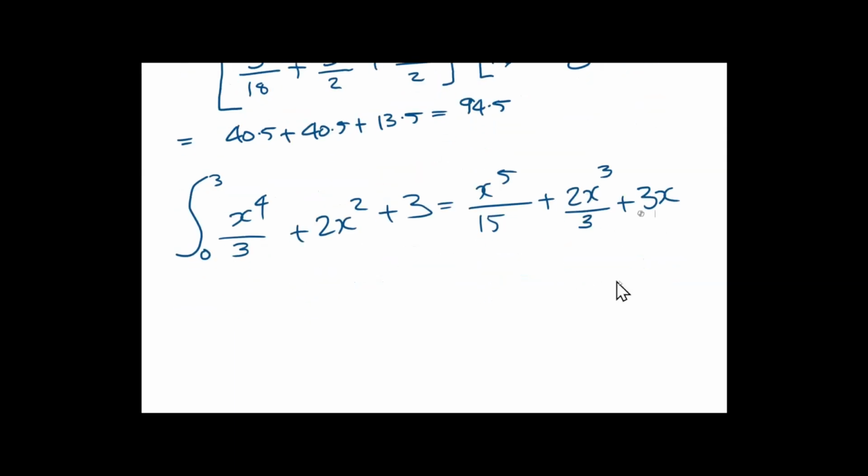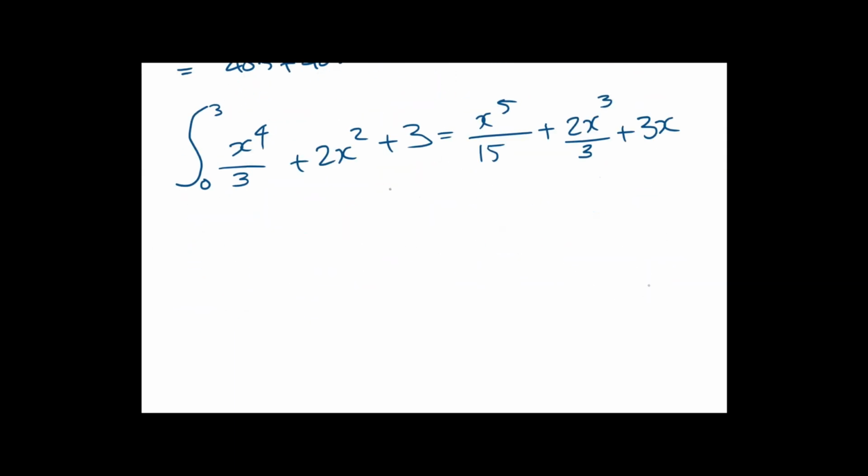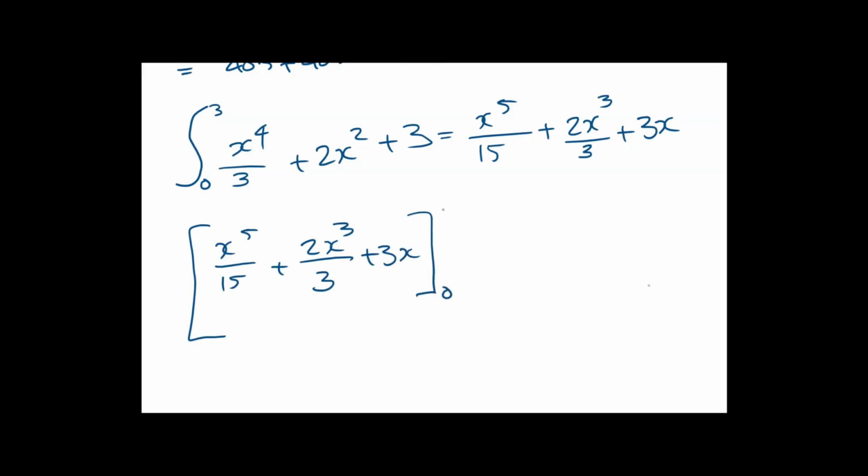So we want to evaluate this function between 0 and 3. That's going to be 3 to the power of 5 divided by 15 plus 2 times 3 cubed over 3 plus 3 times 3, which is 9.